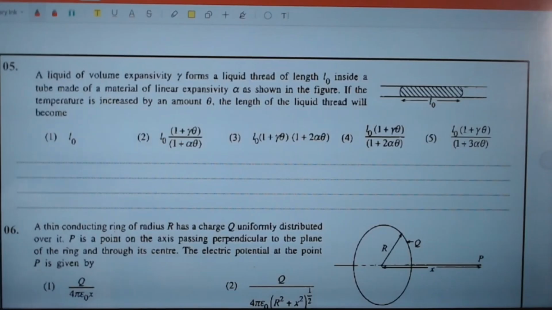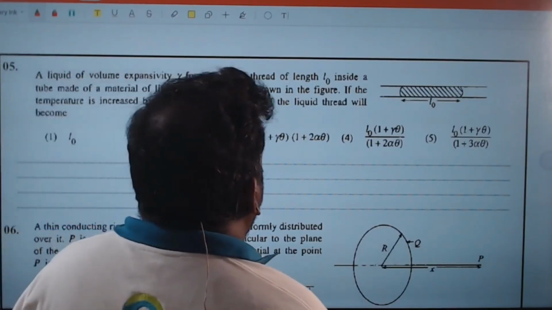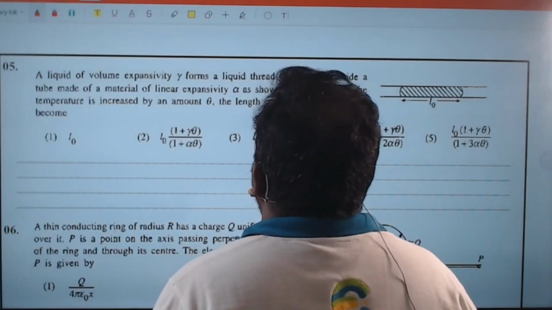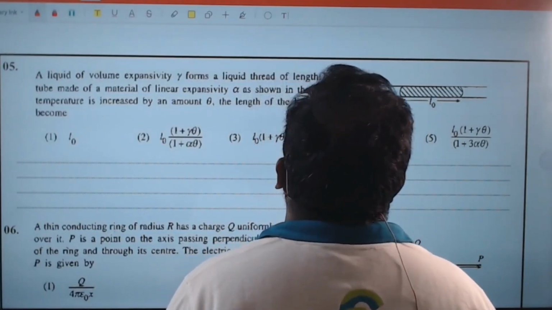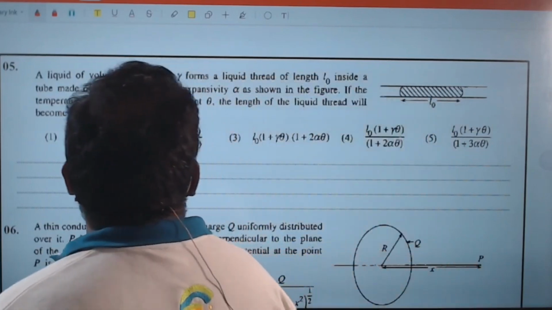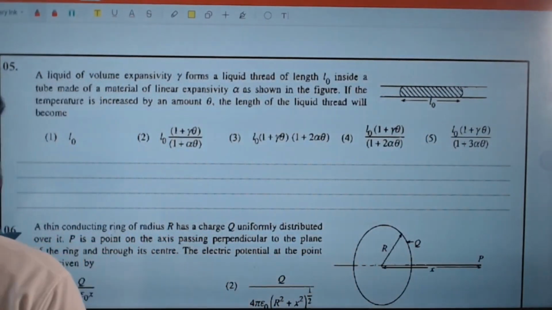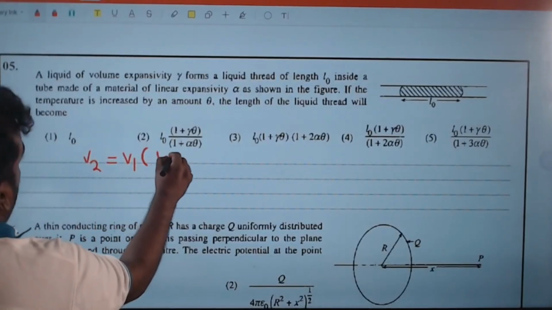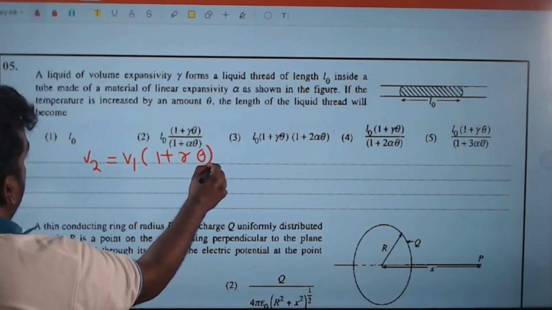A liquid of volume expansivity gamma forms a liquid thread of length L0 inside as shown. If the temperature is increased by theta, the length of the thread is, look at the board carefully. Final volume equals initial volume times 1 plus gamma theta.